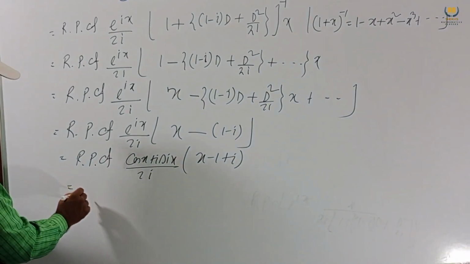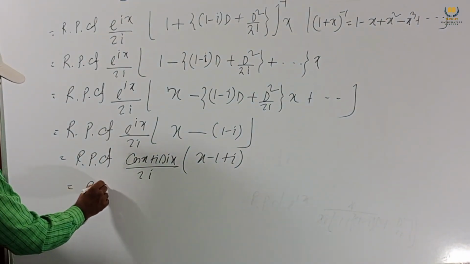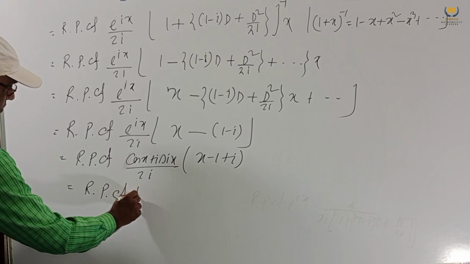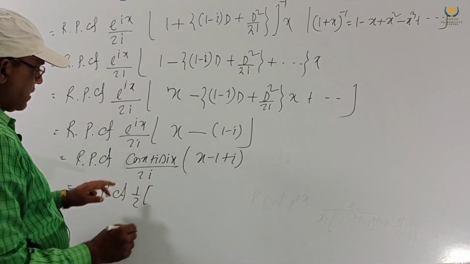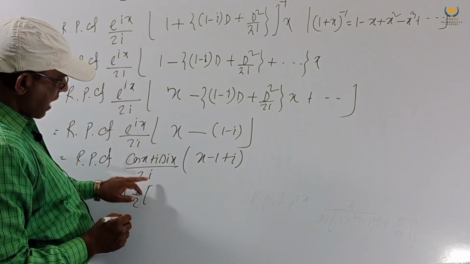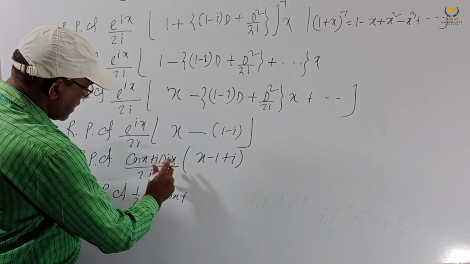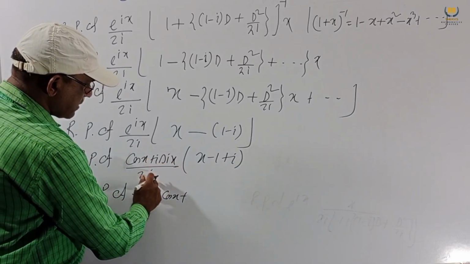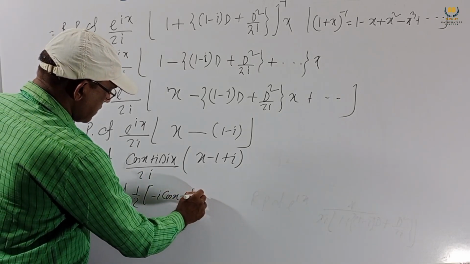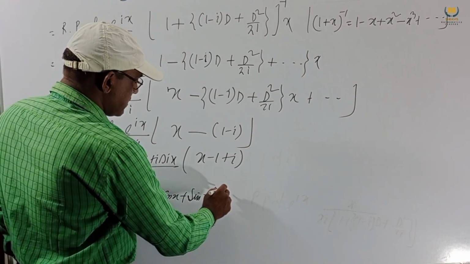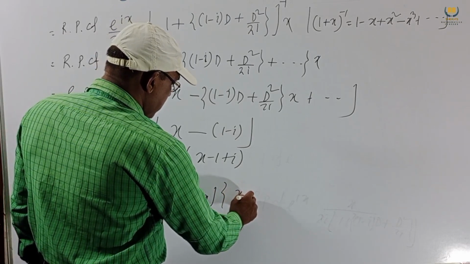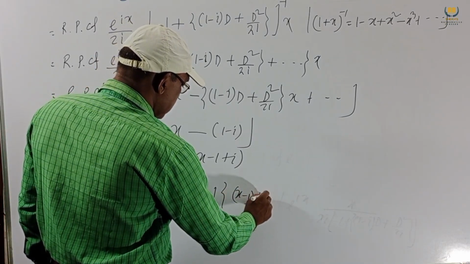So 1 by 2 outside, cos x by i gives minus i cos x, and i by i cancels, sin x, and this is (x minus 1 plus i).